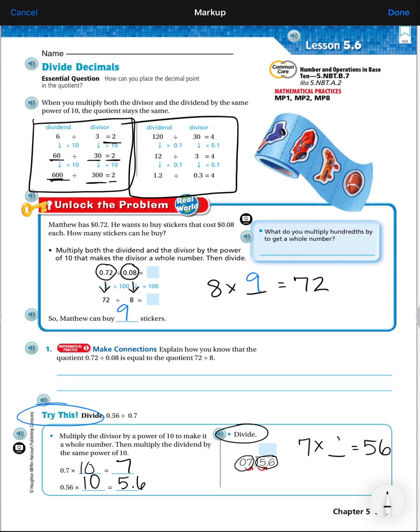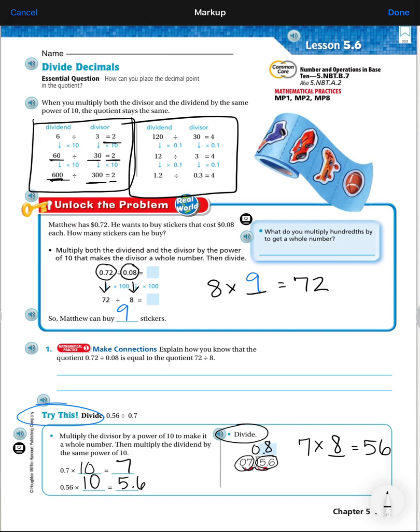Well, I know that 7 multiplied by 8 is equal to 56. Okay, so we have 8, but now we have to worry about our decimal point. So they say to move it 1 and 1, so we're going to have it right here, and we put a 0 in the whole number, 0.8.